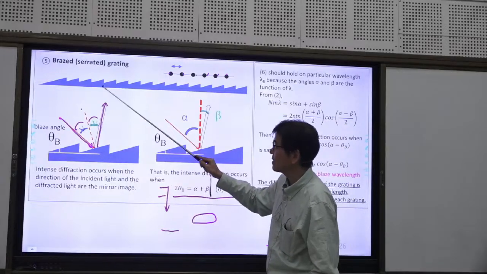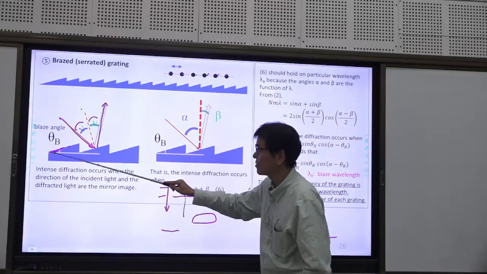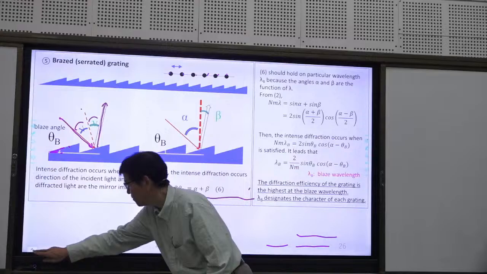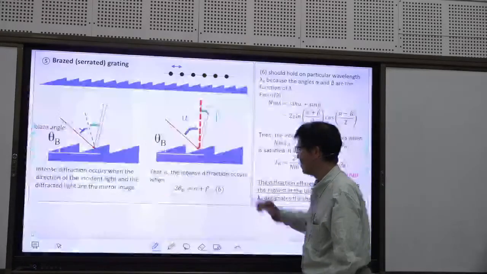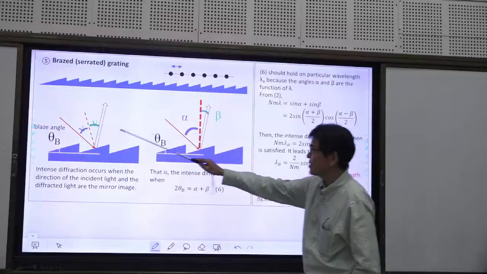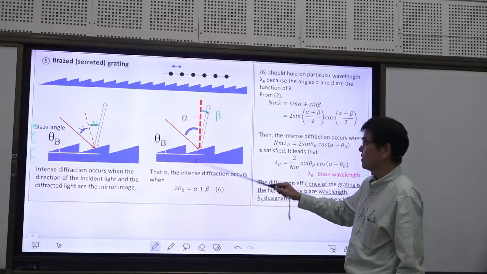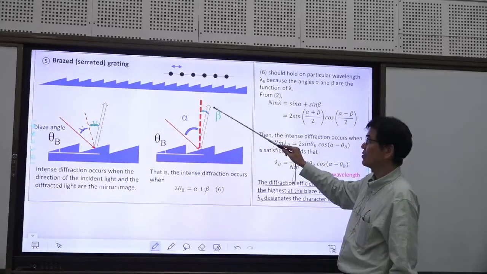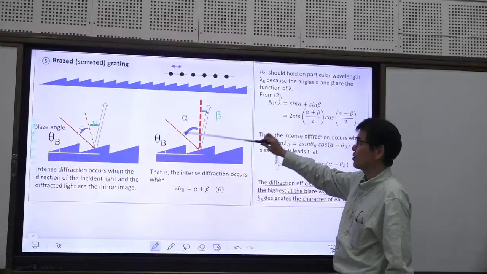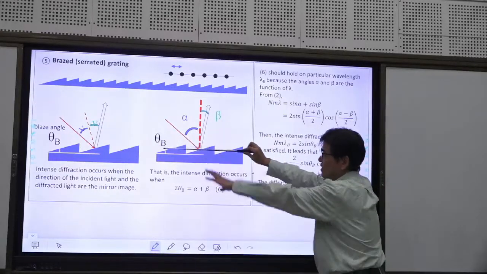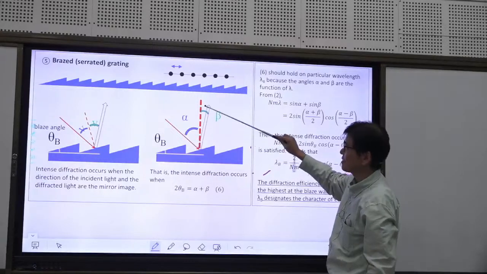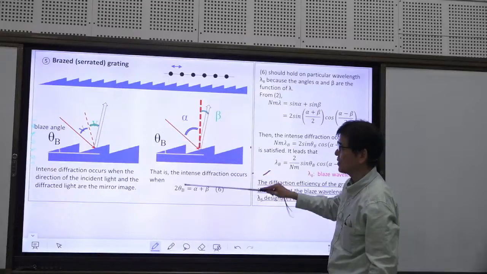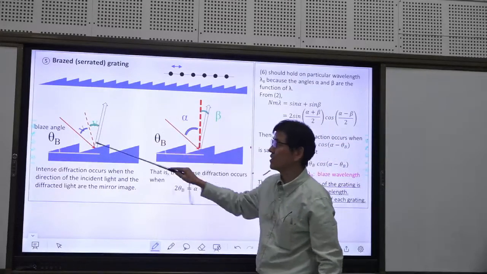The angle of this pattern is the so-called blaze angle θb. This condition is satisfied if alpha and beta, defined with respect to the normal to the whole grating surface, this is alpha, this is beta, satisfy that alpha plus beta is twice θb.